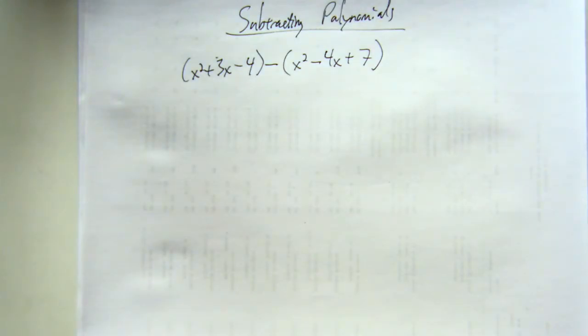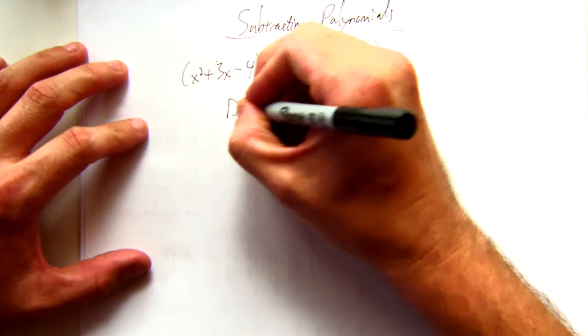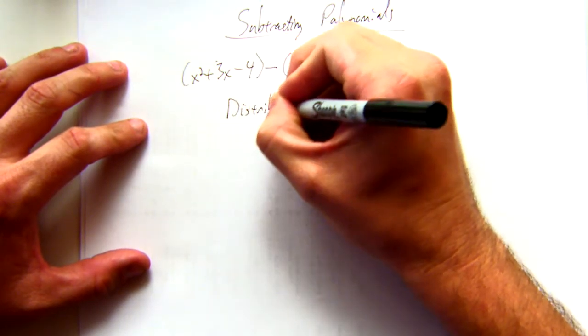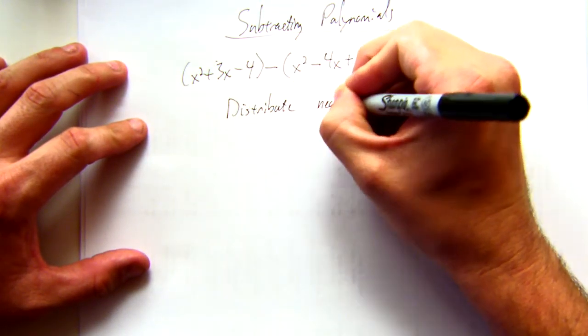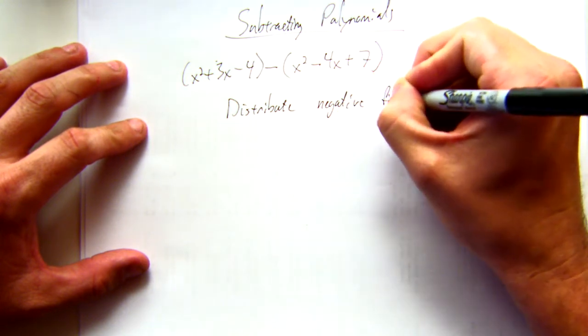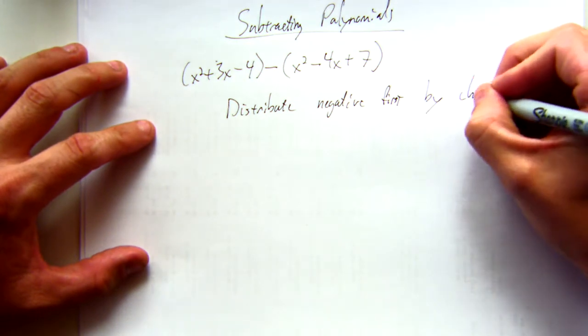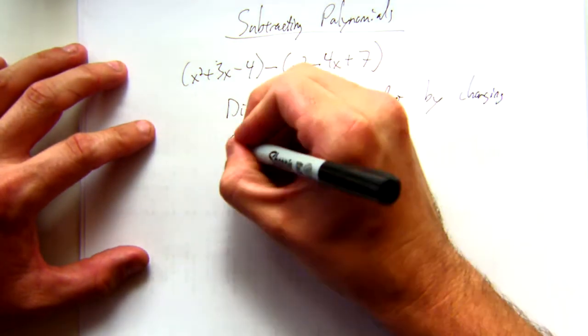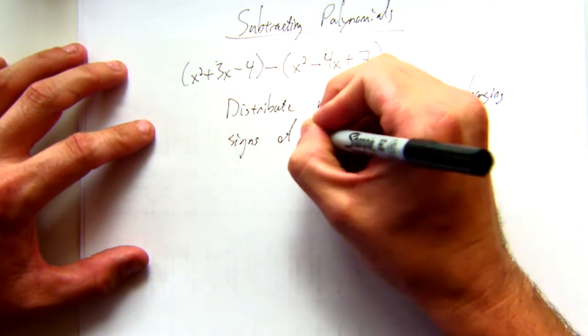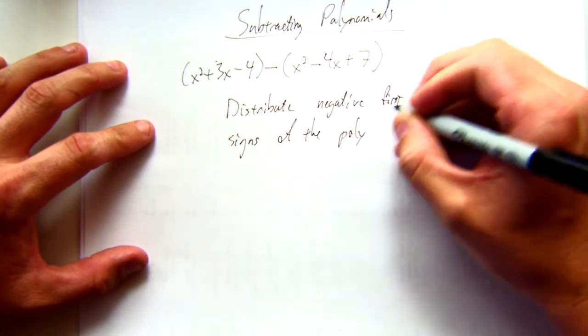That's right. The thing that we have to remember is to distribute the negative first. And basically all we're doing is changing the signs of the polynomial that we are subtracting.